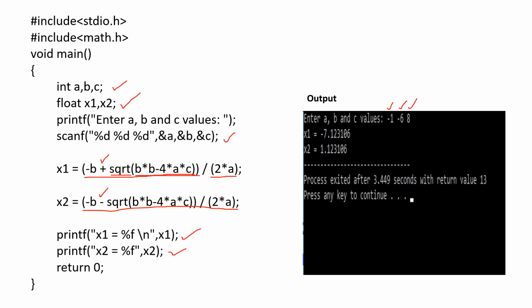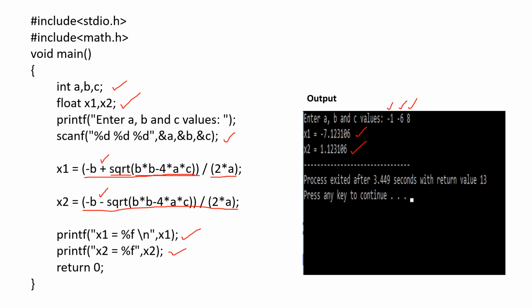After calculating x1 and x2, we got values. x1 is equal to minus 7 point something, x2 is equal to 1.12 something. In this fashion, we can write a C program to find the roots of a quadratic equation.